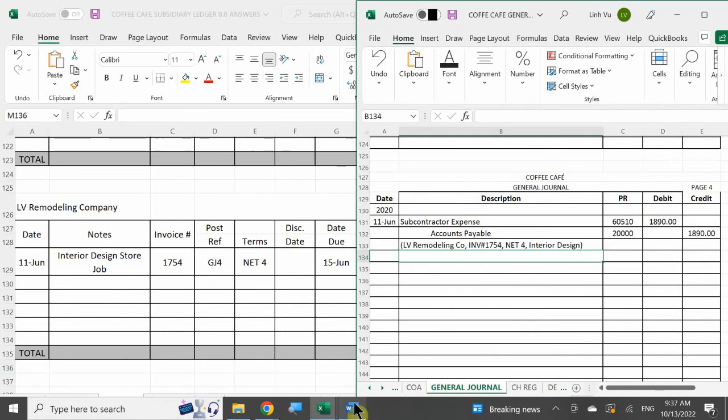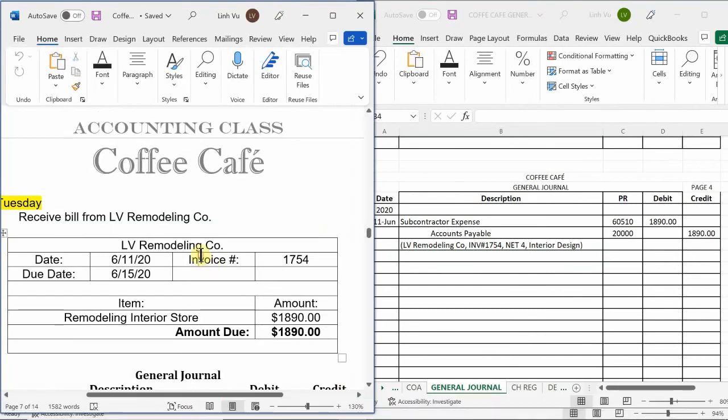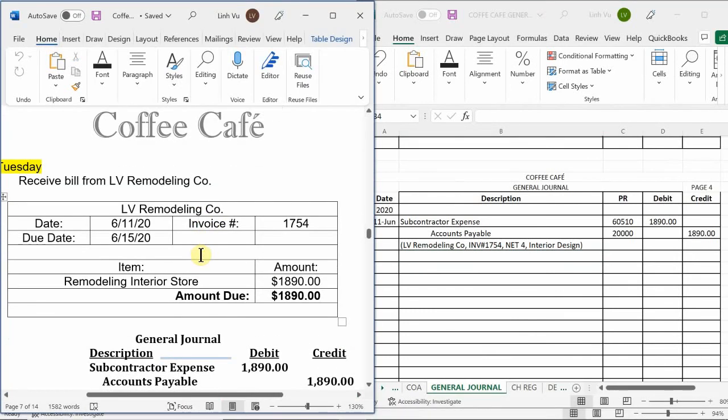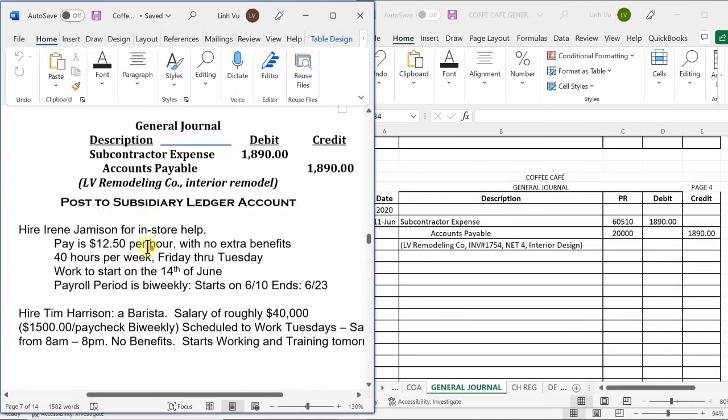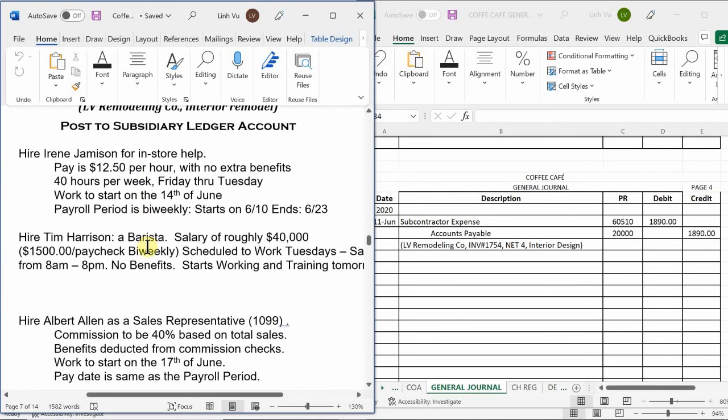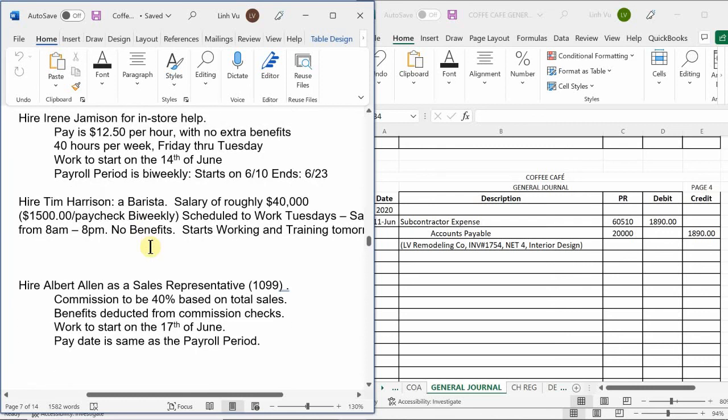All right. And that is it for that transaction there. Let's see. I think we have time for one more. Okay. So here, let's go ahead and record all of these right here, and then we will take a break.